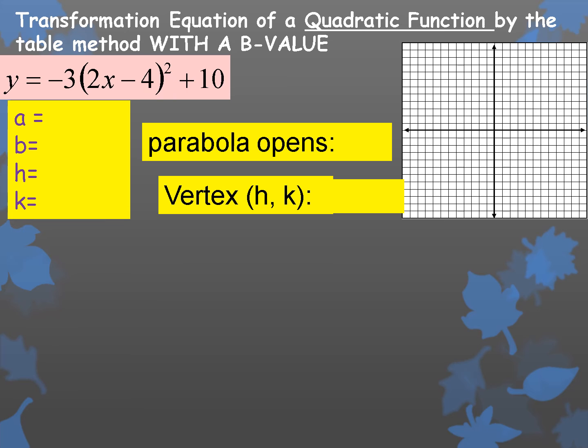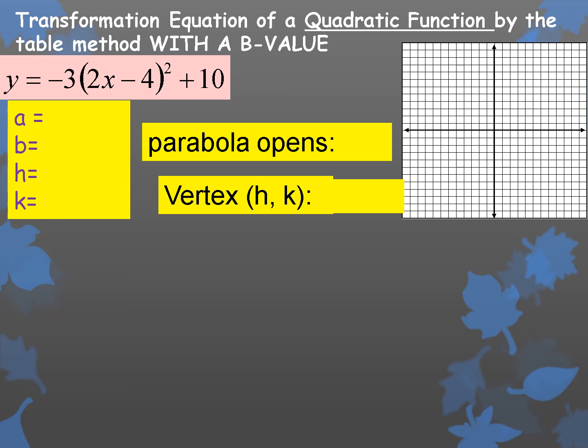Let's look at one more. And this time it has a b value. Well, if you remember what I told you back in absolute values, you can't get h, b, a, k, you can't get any of that until you separate the 2 from the quantity 2x minus 4. You have to factor out the b.